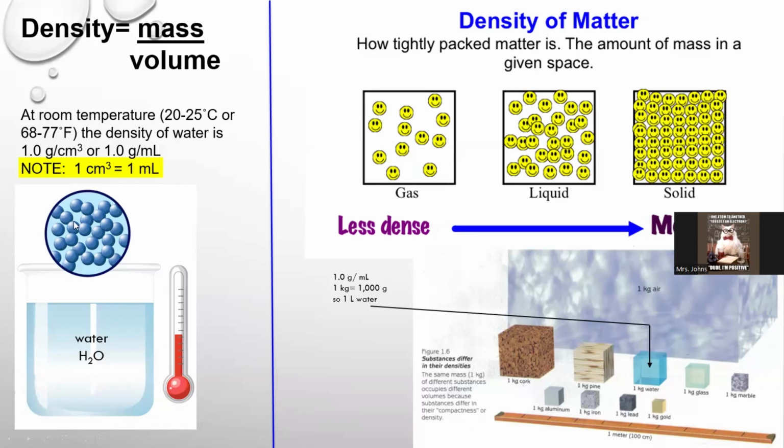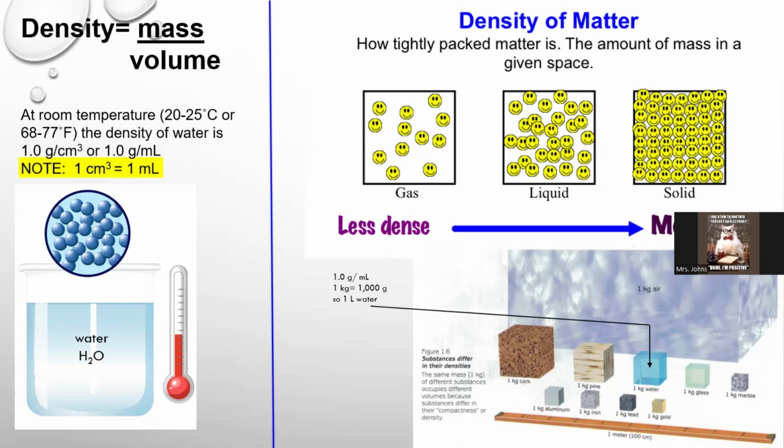Now, water, right here. At room temperature, and of course, the density changes depending on what temperature it is. But at room temperature, which is somewhere between 20 and 25 degrees Celsius or 68 to 77 degrees Fahrenheit, the density of water is 1 gram per cubic centimeter.